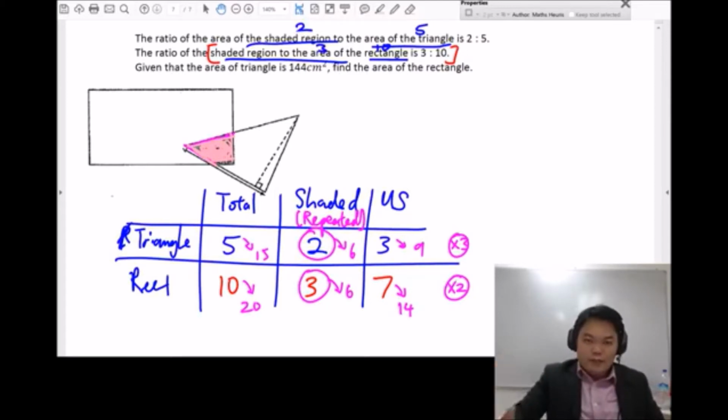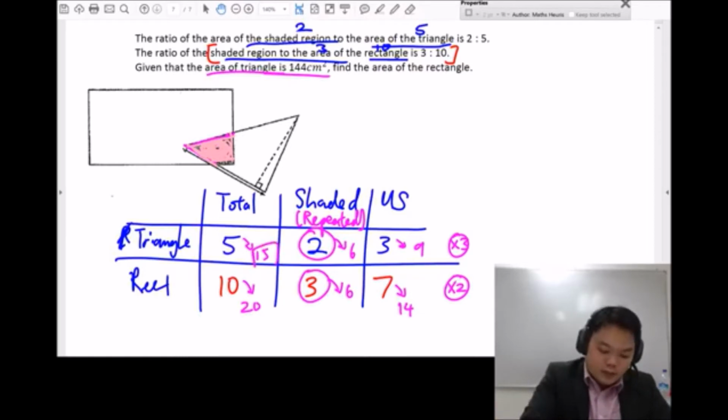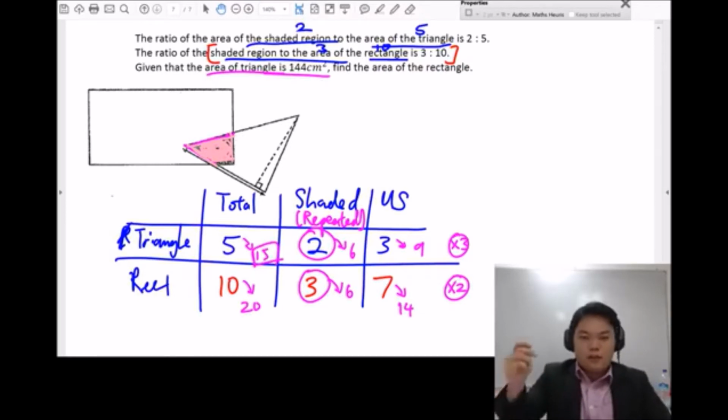So once I have made everything into a single unit, I can then use the information in the question. Area of the triangle is 144 cm squared, and the area of the triangle is 15 units.